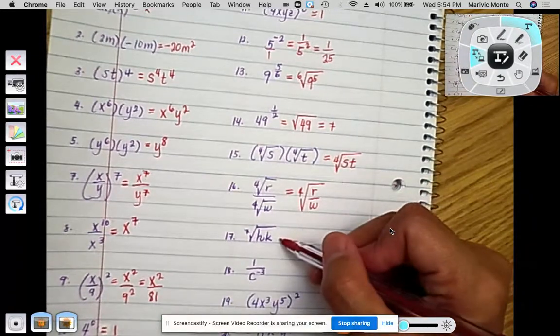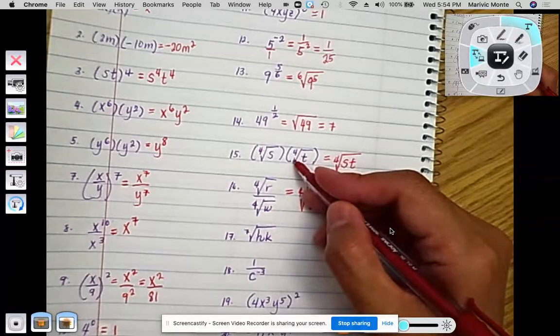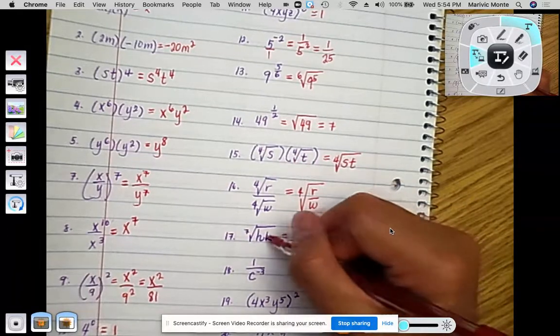And this is the opposite of number 15. So you can separate those two.